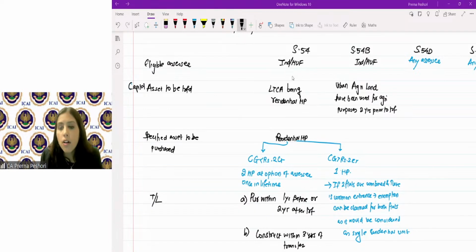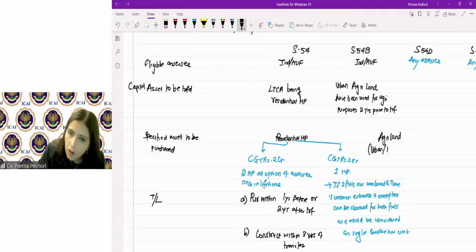Okay. Now, what is the asset which is to be purchased? What is a specified asset? He should purchase another agri land. Now this agri land can be either urban or rural.